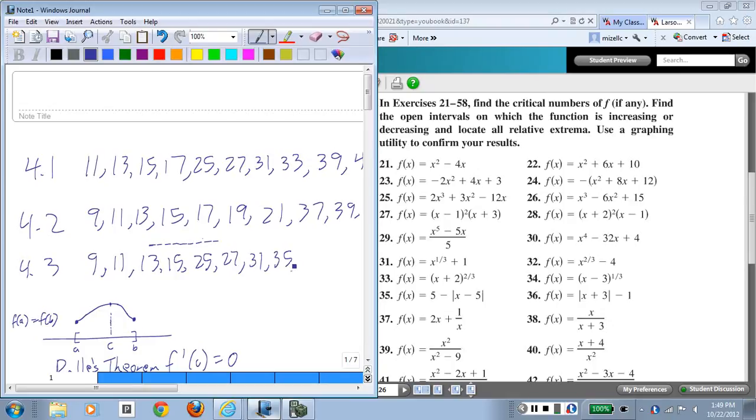Find points of non-differentiability and possible locations of relative extrema at those critical points. 37 is a nice one.